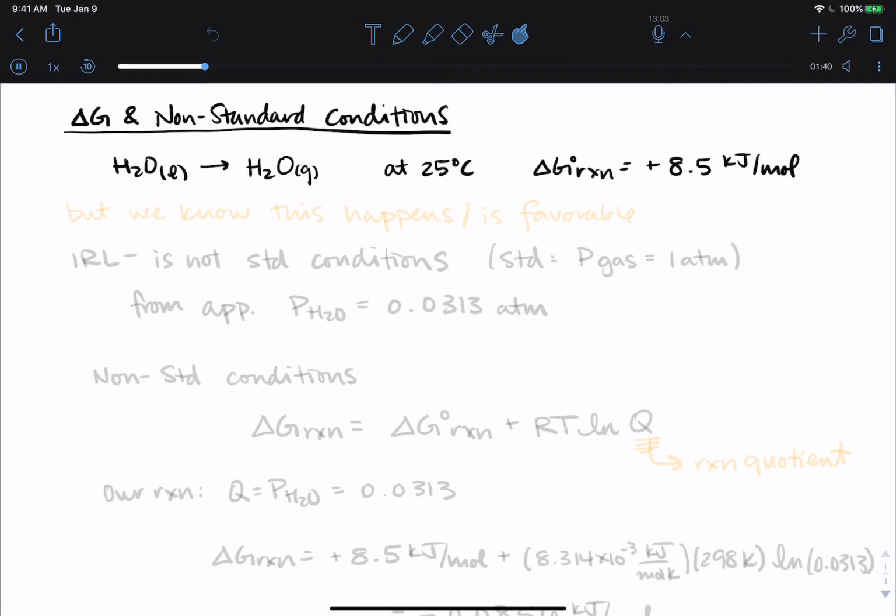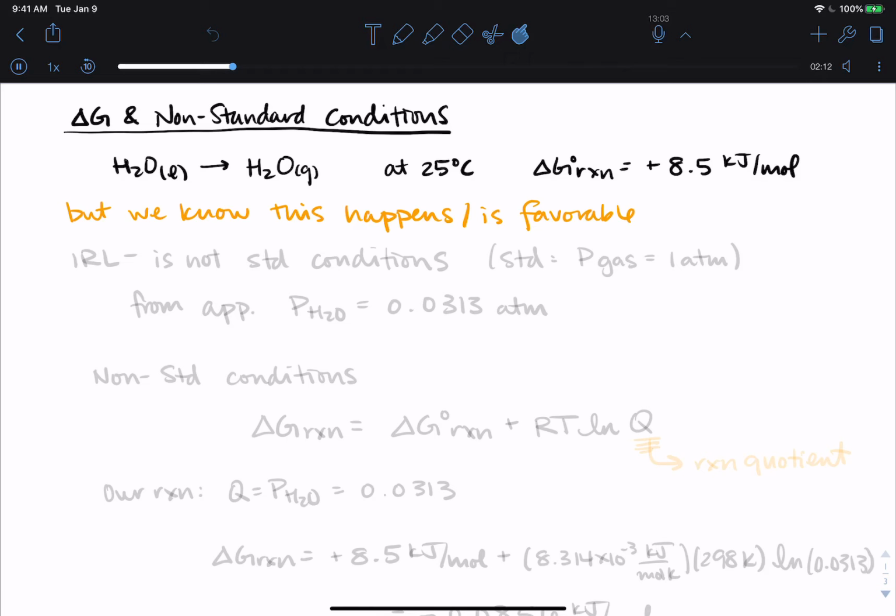That is a non-spontaneous or not favorable delta G. But we know this happens without outside intervention. So it is a favorable reaction under the conditions that we see it, even at 25 degrees.